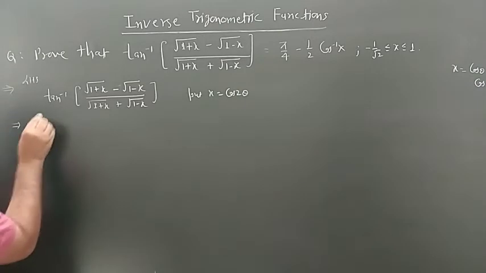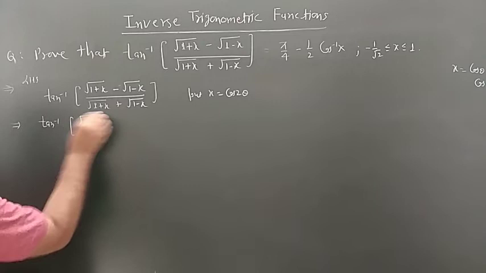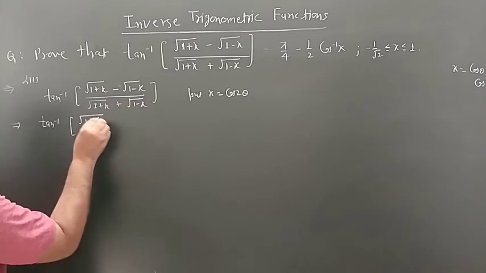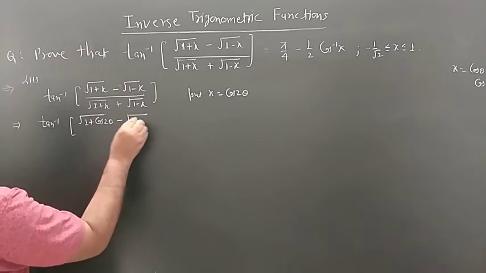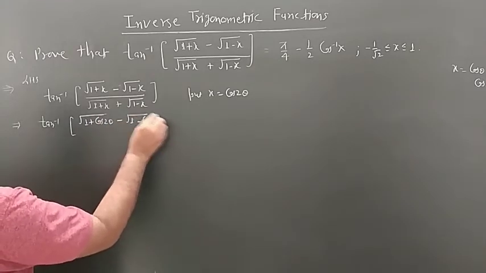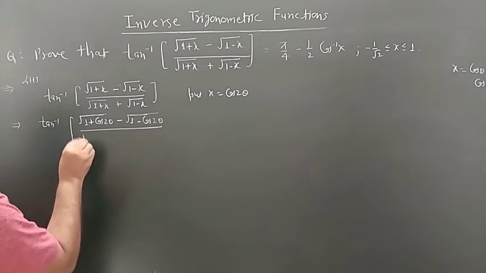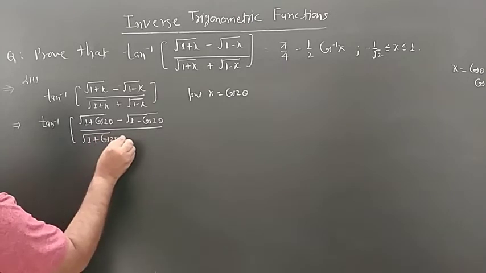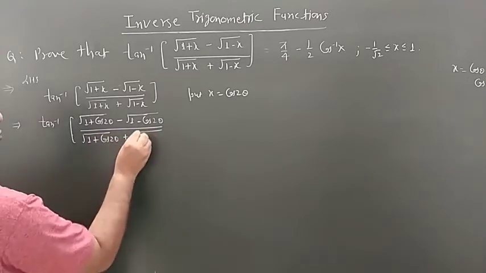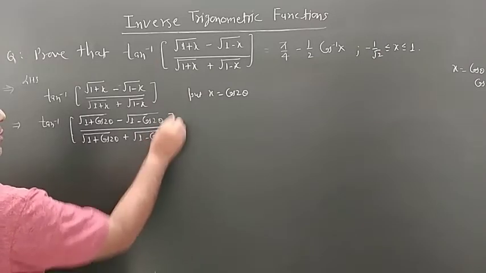So in the next step, tan inverse of (under root 1 plus cos 2 theta minus under root 1 minus cos 2 theta) upon (under root of 1 plus cos 2 theta plus under root of 1 minus cos 2 theta).